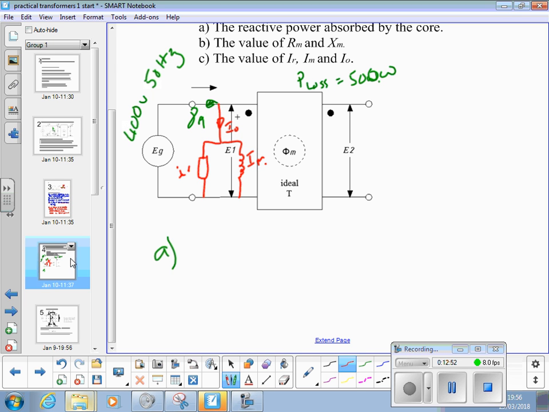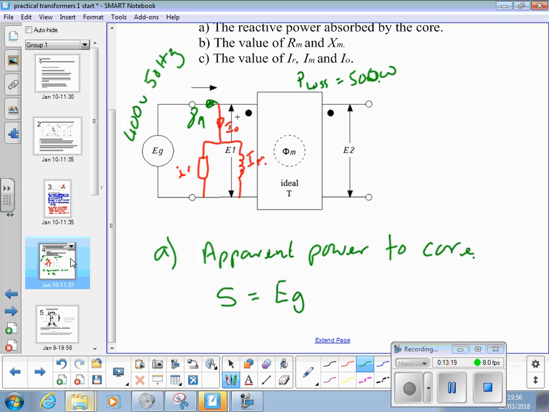Yes, because we got current and voltage from the generator. So the apparent power, S, is equal to EG times I, and that's actually IO, isn't it?